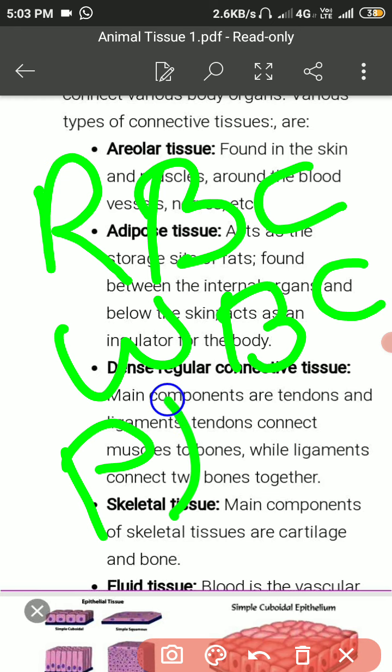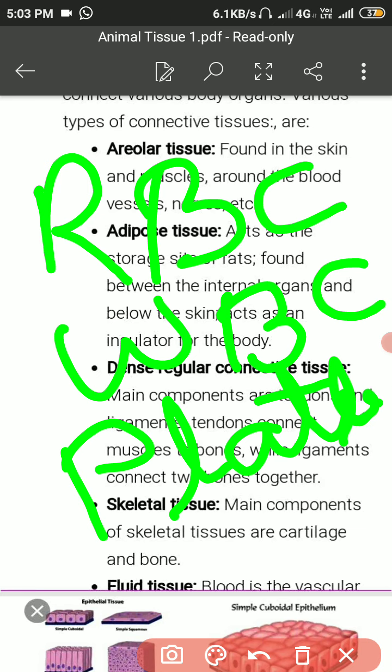These are the three components of the blood, which are called the fluid connective tissue. And these components: RBC are called erythrocytes, WBC are called leukocytes, and platelets are called thrombocytes.